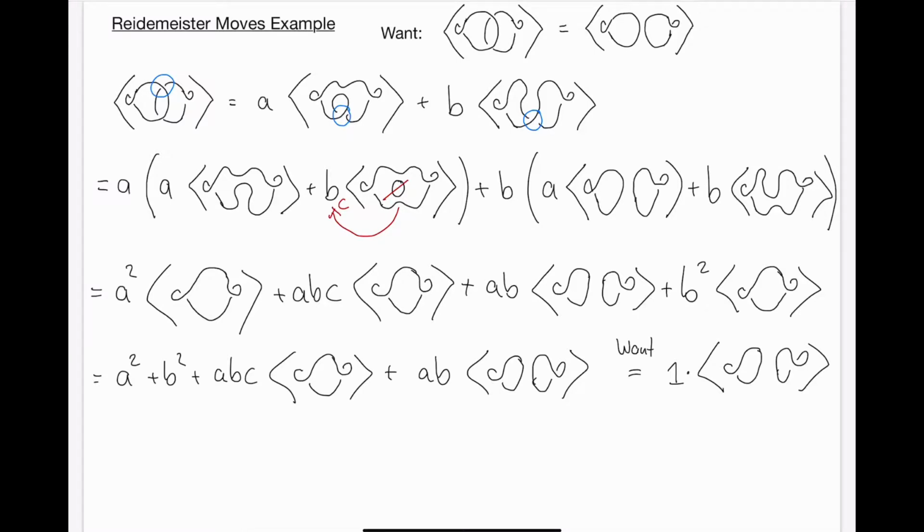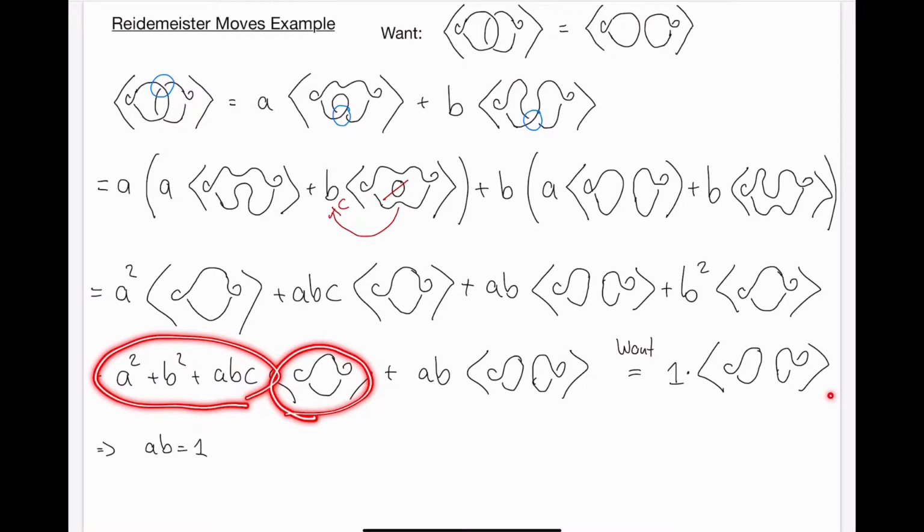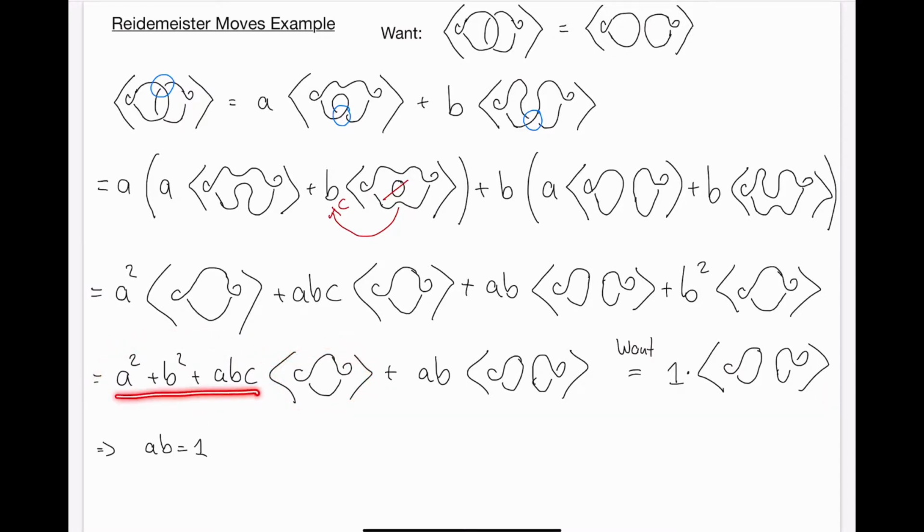If this polynomial has to be equal to this polynomial, then the coefficients have to be the same. So in this case, the coefficients in front of these have to be the same. That means 1 is equal to AB. And secondly, the coefficient in front of this polynomial here has to be equal to the one here. It doesn't appear here, so that means that this has to be 0.